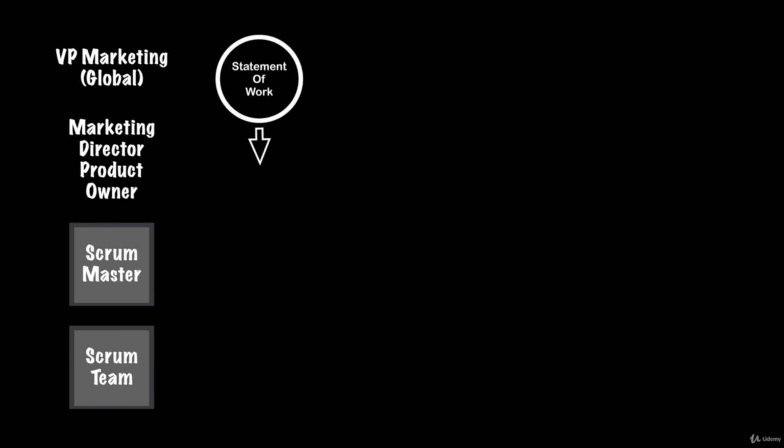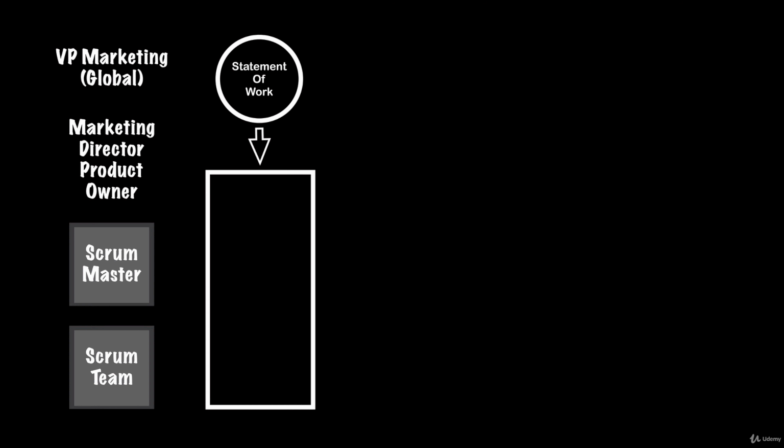So the statement of work was what created the backlog. Basically, all the items that were relevant to SEO, PPC, social media, content were now broken down. I like to highlight that each subject matter expert on the team created a backlog, because we had visibility of the goal and the expectation from the VP marketing.